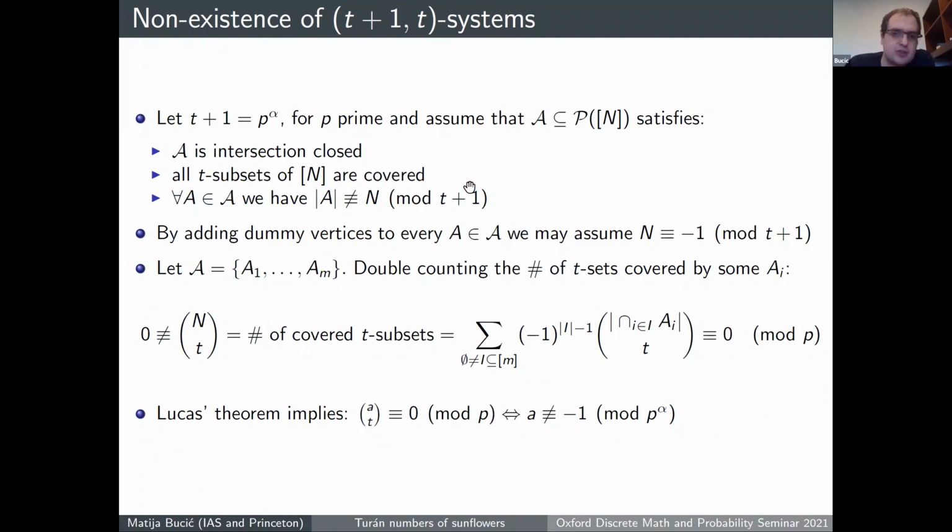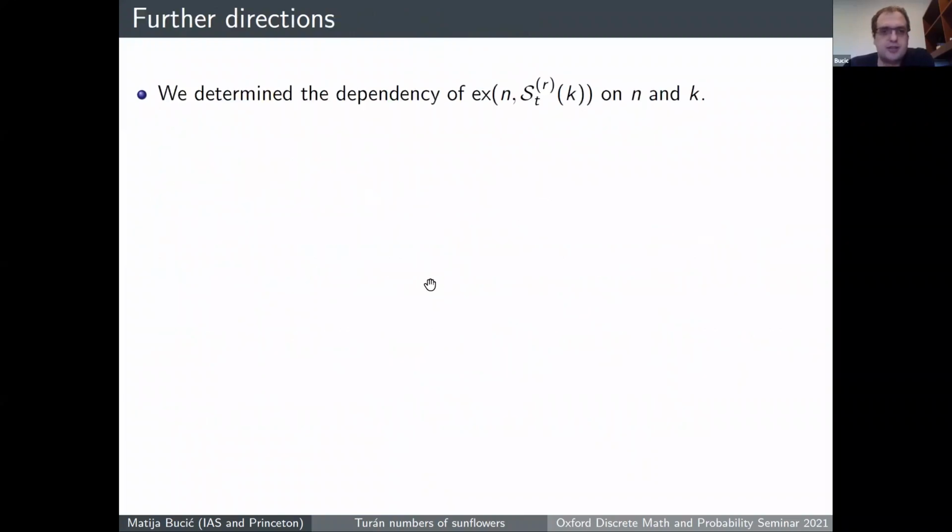And also, as I said, there are examples of such objects when T plus 1 is not a prime power, so this argument really can't work in general. We need to do something else, which is also nice, but would take me a bit more time to present. So this is all that I wanted to say about the proof.